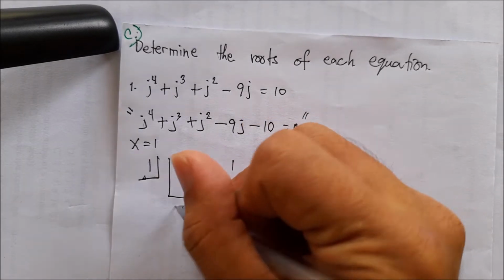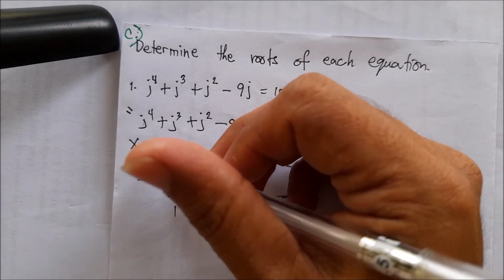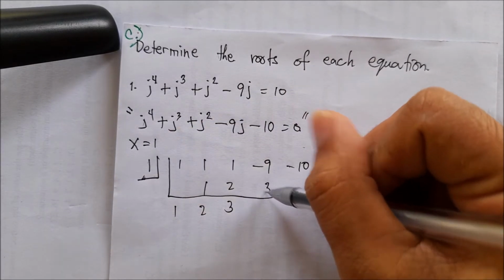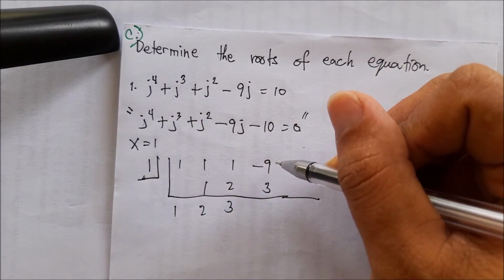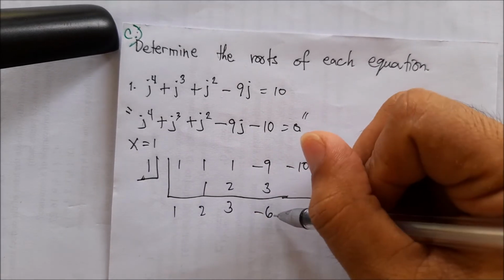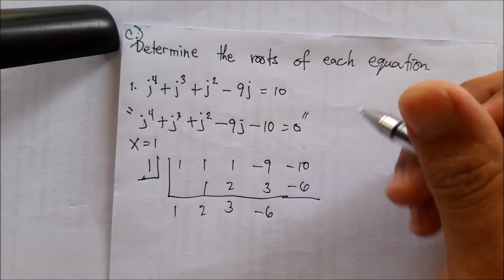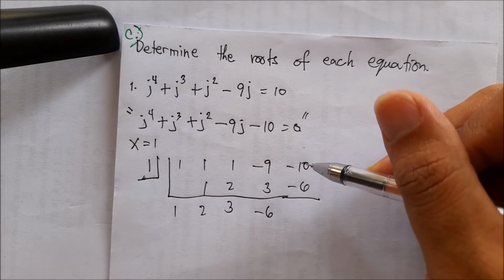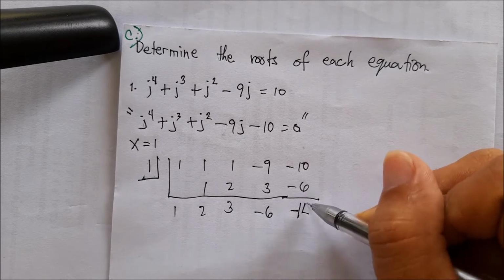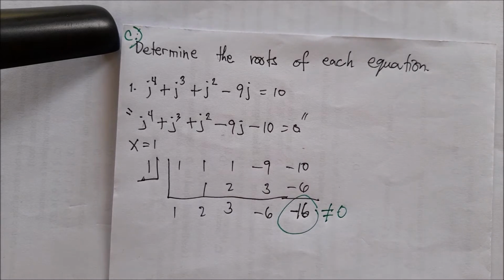Then bring down 1. 1 times 1, 1. 1 plus 1, 2. 2 times 1, 2. 1 plus 2 is 3. 3 times 1, 3. -9 plus 3 is equal to -6. -6 times 1, -6. Then -10 plus -6, -16. The remainder is not equal to 0.